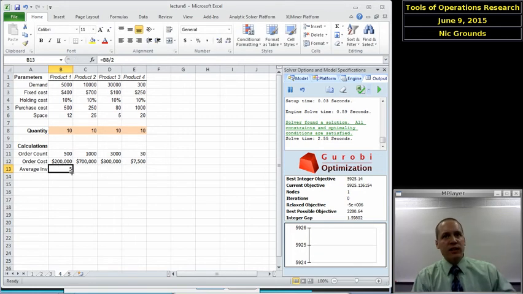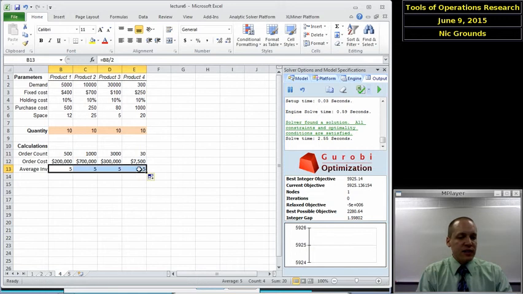So we'll start with 10. Eventually we'll get to where we have 0. On average, across however many days that takes, we'll have 5 units of each product. So that's the average inventory.